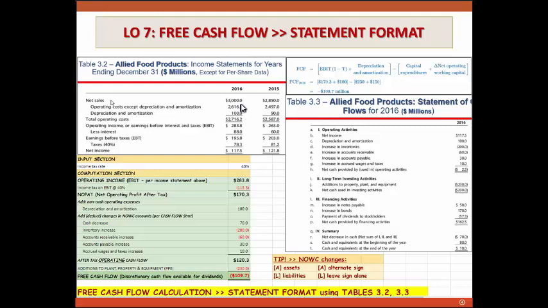Well, if you take the sales less the operating costs, except for depreciation and amortization, of $2,616,000, and then calculate the tax on that amount, so $283,100,800 times a tax rate of 40% would give you tax of $113,500.